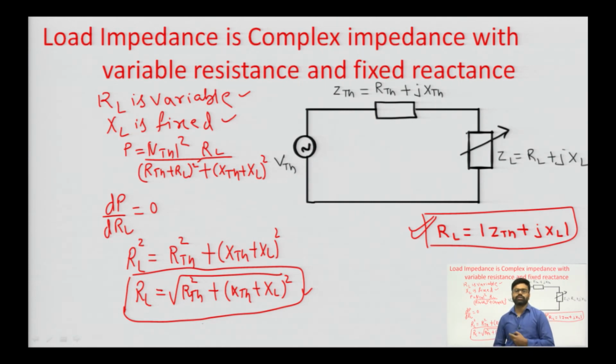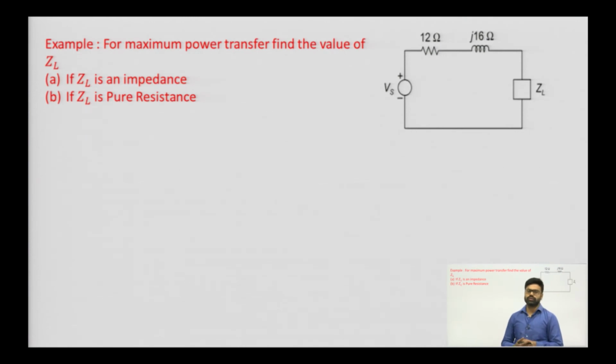Now, we will see questions on these cases. Suppose this is a question: we have to find the value of Z L for maximum power transfer in case Z L is an impedance.